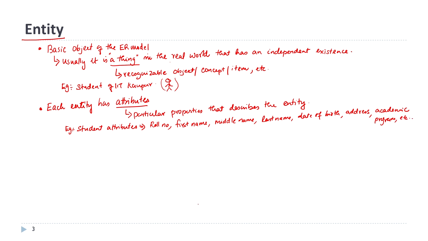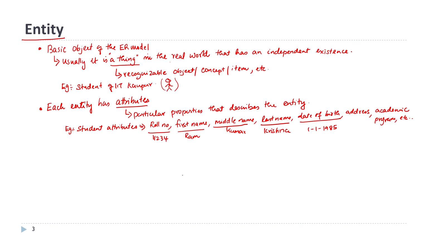So, you can say that the roll number is, let us say, 1 1 2 3 4 something like this. First name is Ram, then middle name is Kumar, then last name is Krishna or something like that. Okay. And the date of birth is 1/1/1985 or something like this, and our address, etc. So, these are all attributes.